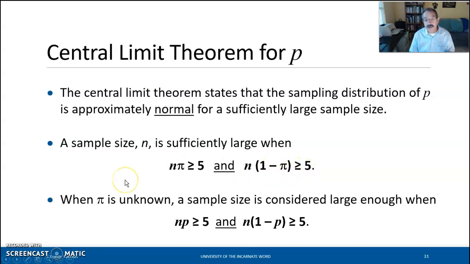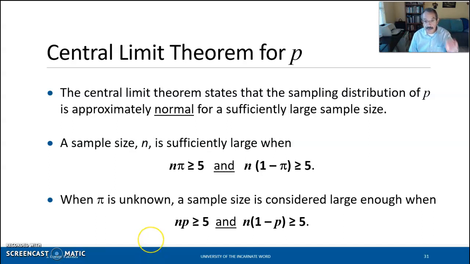Now, when pi is not known, we're going to replace it with its estimator, the sample proportion. So if the sample size times the sample proportion is at least 5, and the sample size times the sample proportion of failure is at least 5, then we can approximate the sampling distribution with a normal distribution.